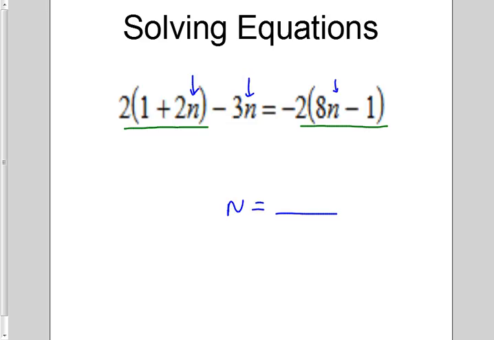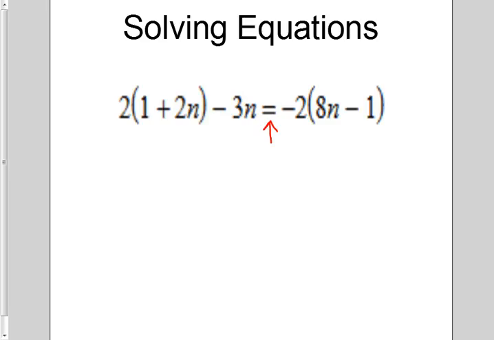Now, how do we do that? We go back and we remember the rules for our equal sign. Our equal sign simply means that as long as both sides are equal, I've not messed up the equation.